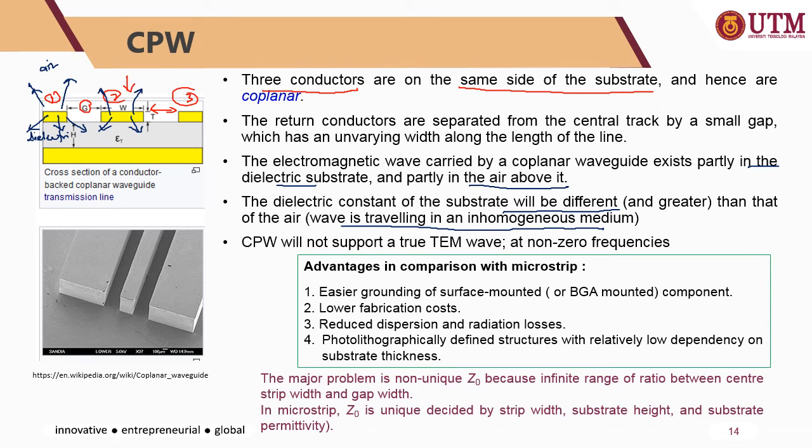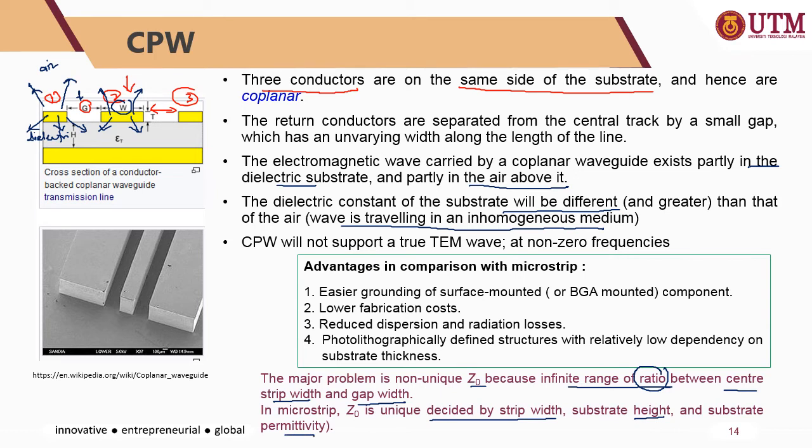The major problem with the coplanar waveguide is that it has a non-unique characteristic impedance, because of the infinite range of ratio between the center strip width W and the gap width G. In practice, the Z0 for the microstrip line is unique. That's decided by the strip width, substrate height, and substrate permittivity.